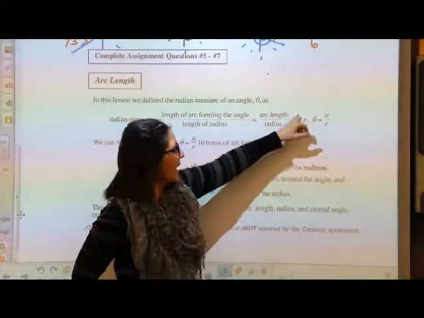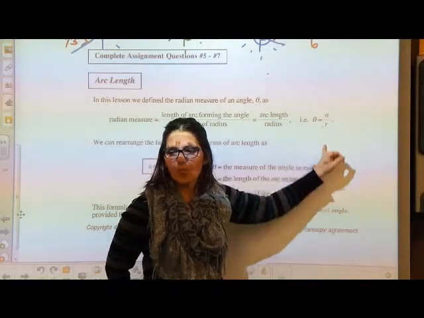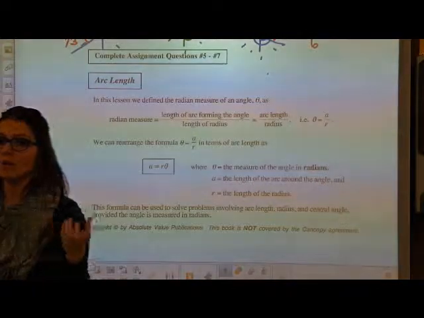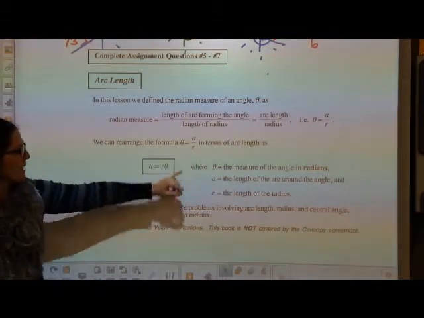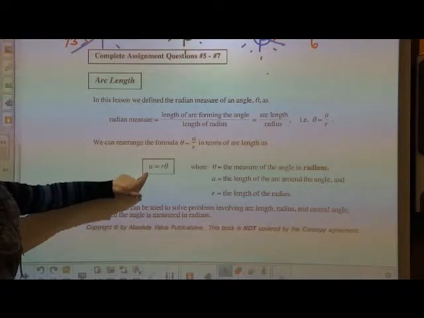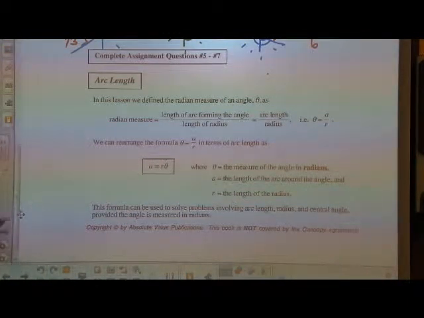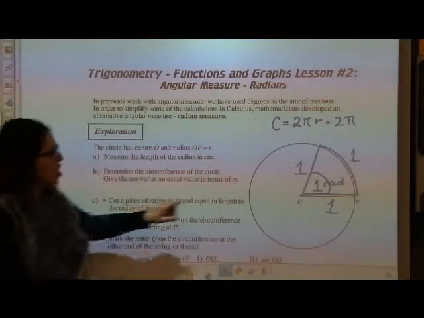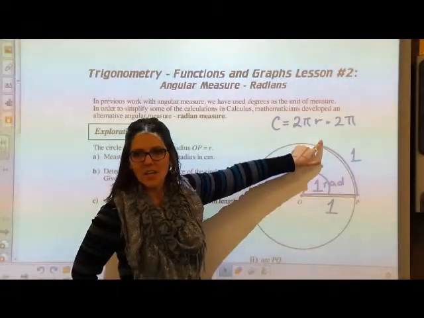So if I change some of my symbols, and instead of letting this be 1 radian, I say theta radians, where theta is my angle, is the arc length over r, I can rearrange the formula to solve for arc length. Because the chances of me in this circle at the beginning of the section knowing what this length is not as likely.